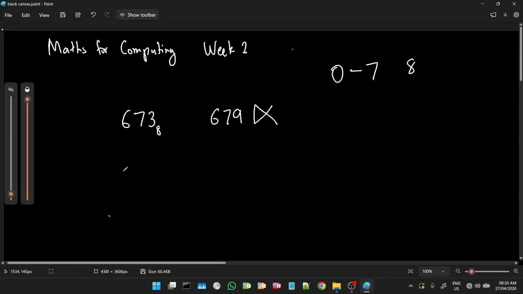It only has 8 digits, right? It only has 8 characters. So beware to have that in mind. If you ever see something with a base 8 but you see a digit that is greater than 7, let's say an 8 or a 9, then it is unfortunately a wrong statement. So be very wary of that in your exam paper.